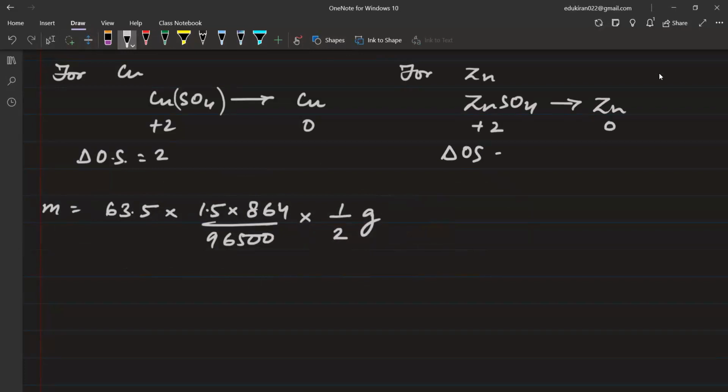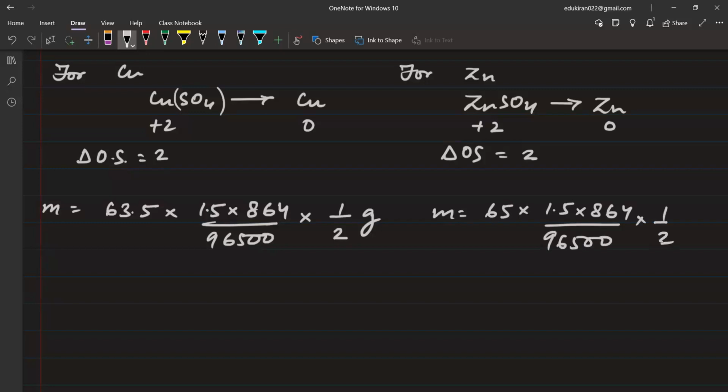Change in oxidation state here is also equal to 2. In this case, the mass will be equal to, what is the molar mass of zinc? It is equal to 65. ठीक है, 65 into same charge 1.5 into 864 upon 96500 into 1/2.